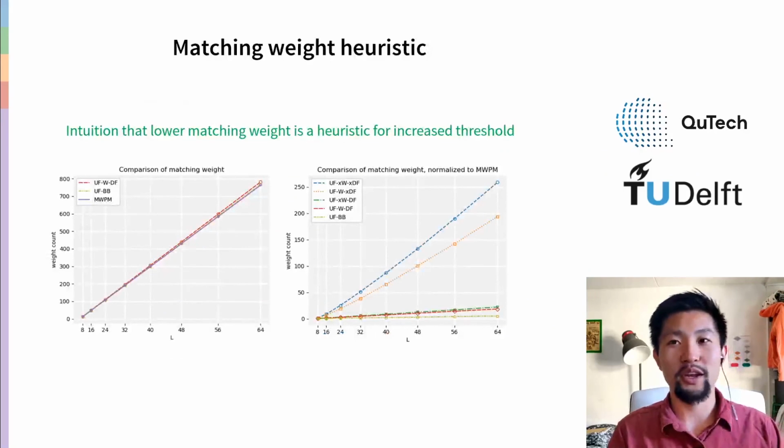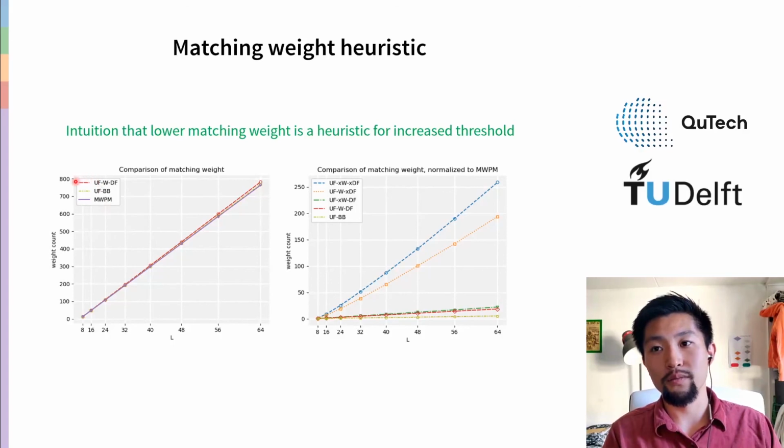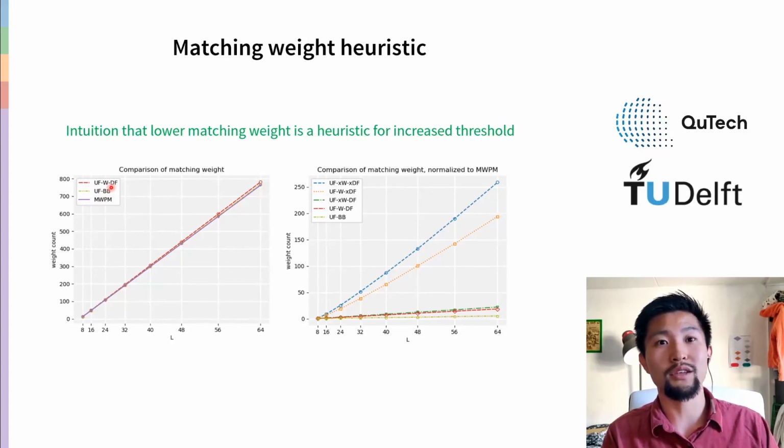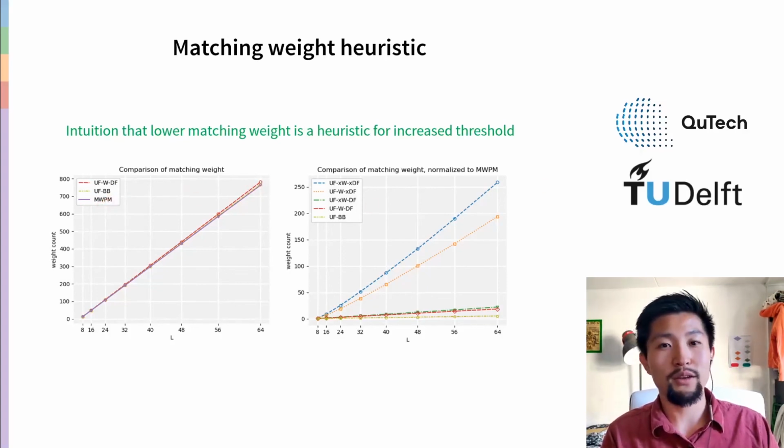And what's even more striking is that if we plot the matching weight heuristic, so we count the number of edges in the matching, as a comparison between the unified weighted dynamic forest, that is the best implementation that we got, the implementation that got 10% threshold, with the new unified balanced Bloom, with minimum weight perfect matching, we see that the unified balanced Bloom sits in the middle and very near minimum weight perfect matching.